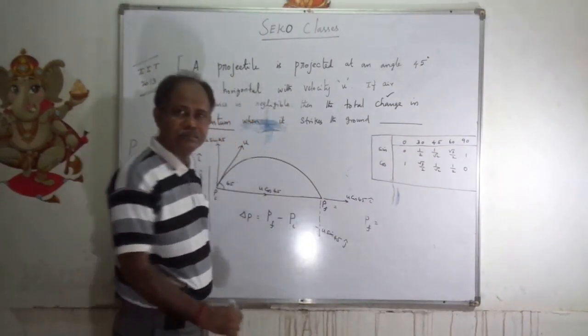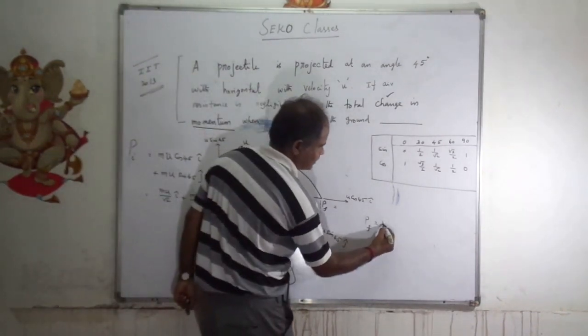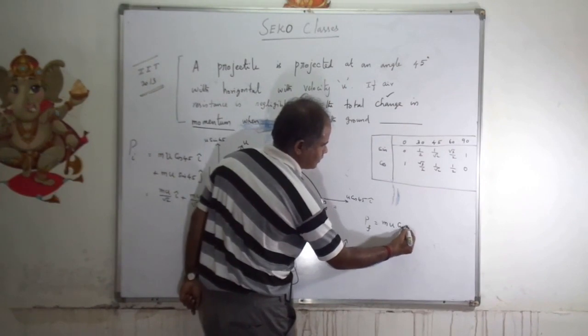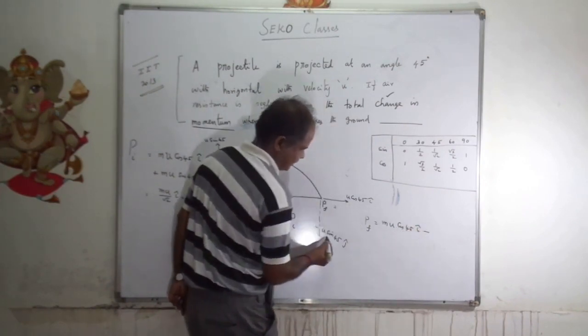Final momentum, added in the same manner, is mass into velocity: u cos 45 i cap minus u sin 45 j cap.